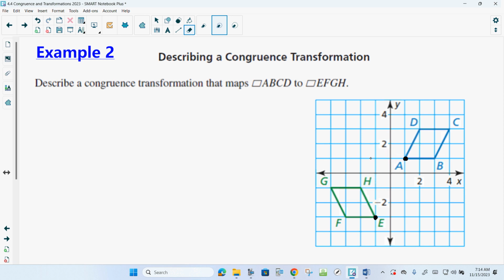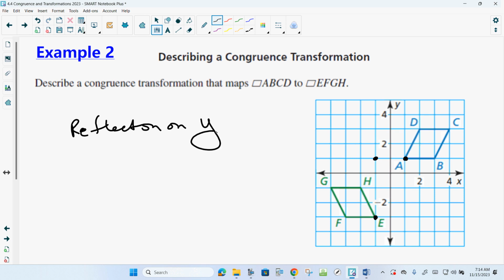But what I can do is two different transformations here. I can reflect it across the y-axis, so that moves it to the other side. And then I can do just a translation down.